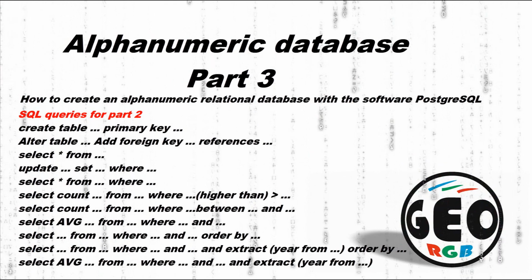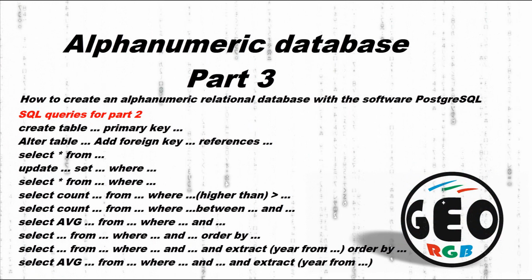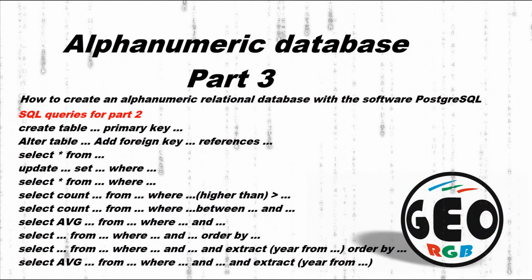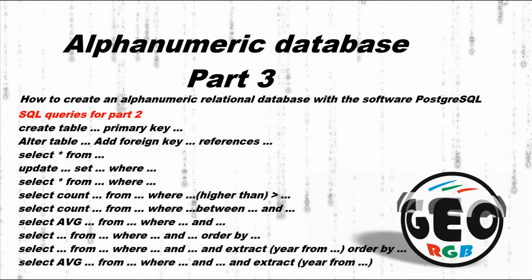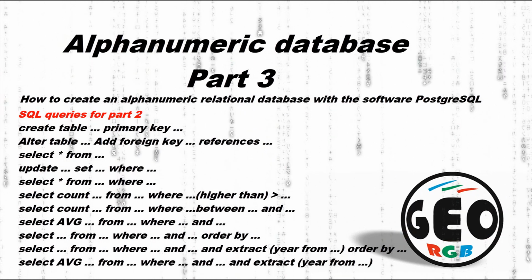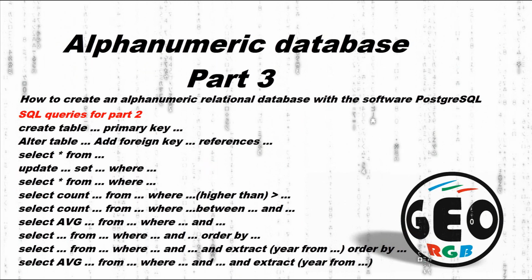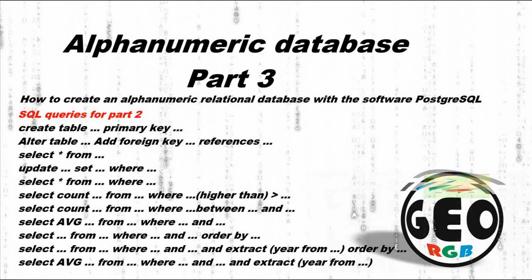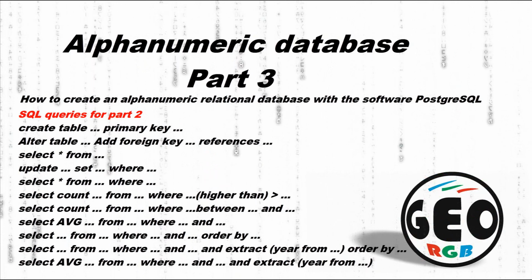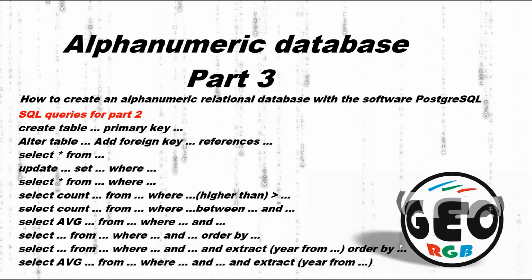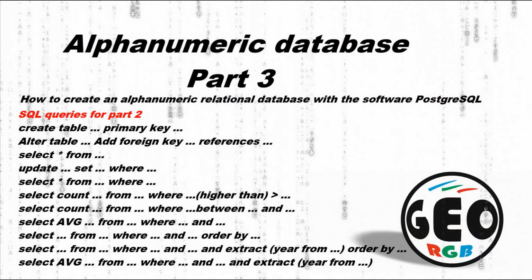Some queries are going to be presented that are going to help us to make some math interpretations with our numbers, for example, average, higher than, between. And also we are going to see how we can extract specific years to make a more efficient search in our database.